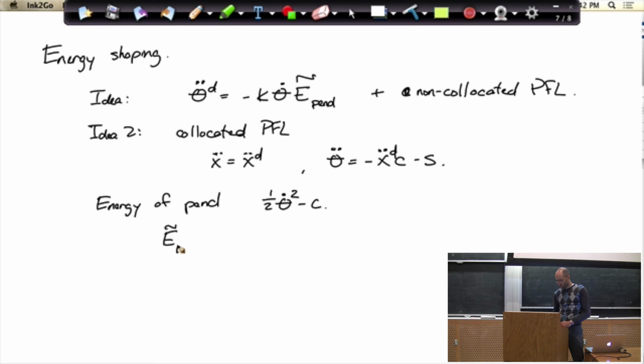So my error dynamics in the pendulum then just become theta dot times theta double dot plus theta dot sine theta.